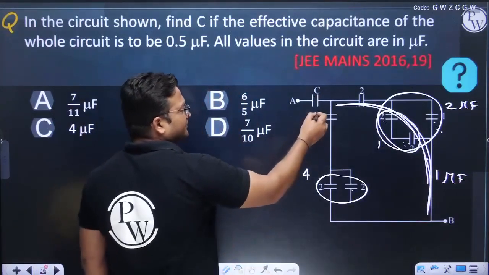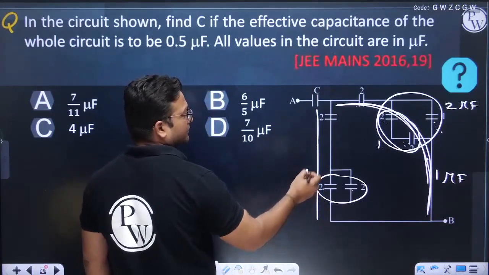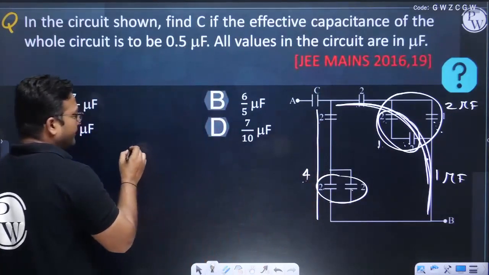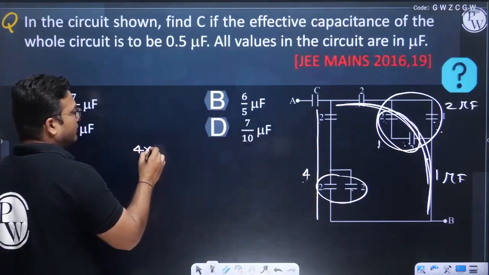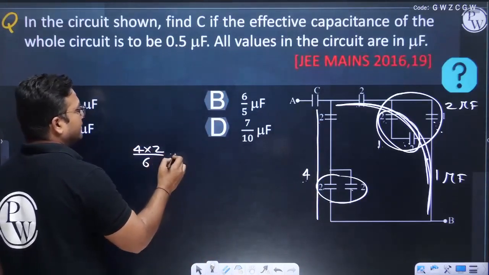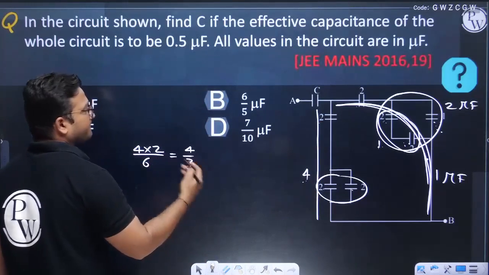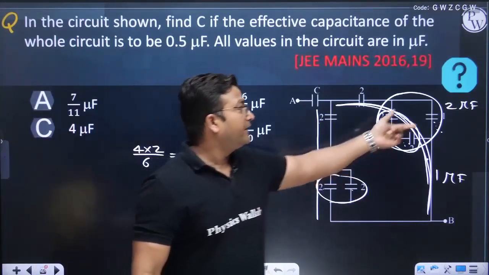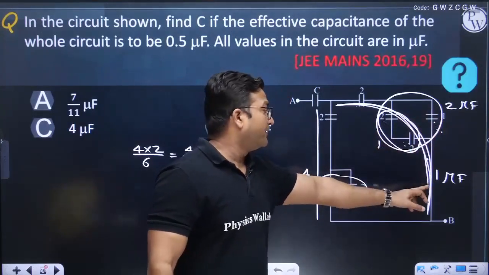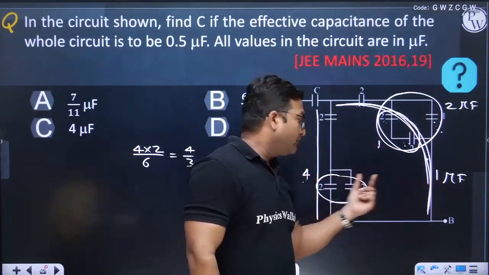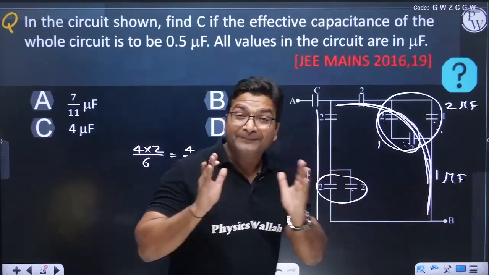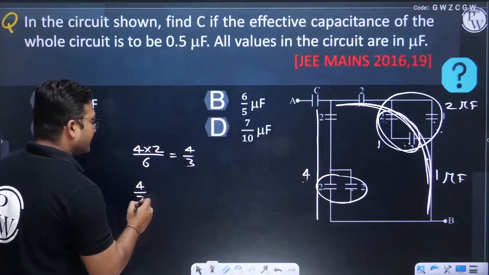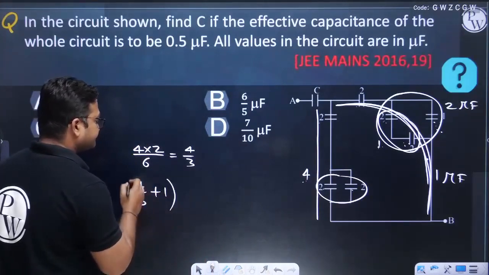And here in this branch we have a series combination of 4 and 2. The series combination of 4 and 2 gives you 4 into 2 by 6, that is 4 by 3. Now this 4 by 3 and, sorry, 1. 4 by 3 and 1 are in parallel. So in parallel, I can write 4 by 3 plus 1.